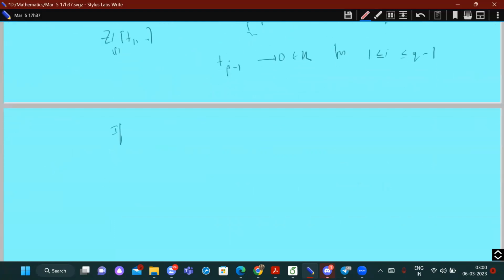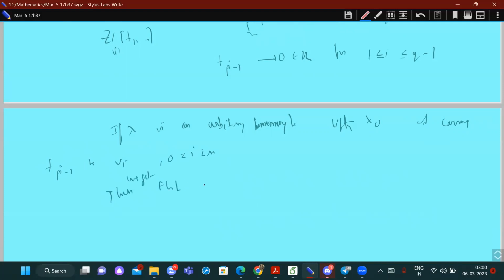So now if lambda is an arbitrary homomorphism lifting and carrying VI, then we will get an FGL, a formal group law.